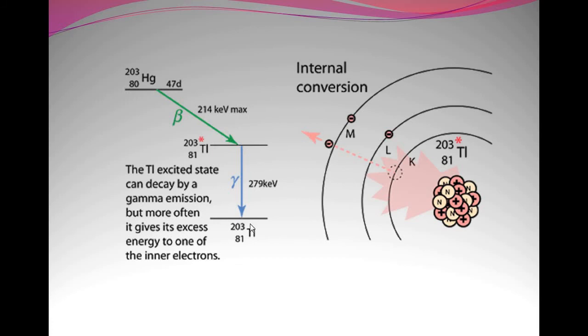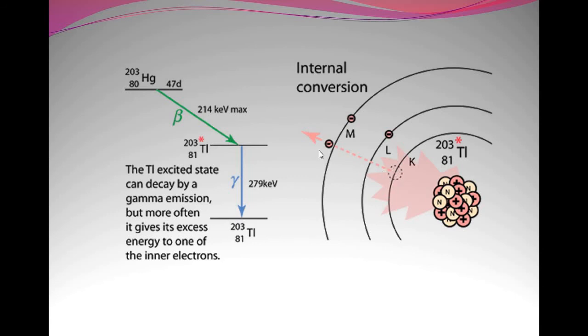So if it is emitting a gamma, which means that gamma is emitted out of the atom. You can see that. But in some cases, this energy is not emitted as gamma to outside, but that energy is given to one of the electrons in the K shell. For example, we are considering K shell.